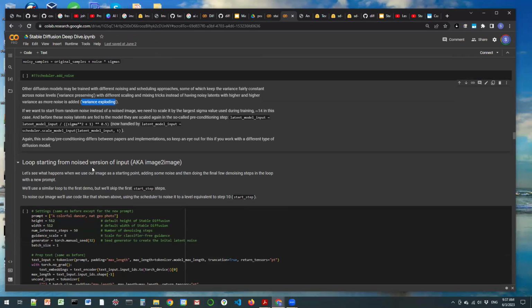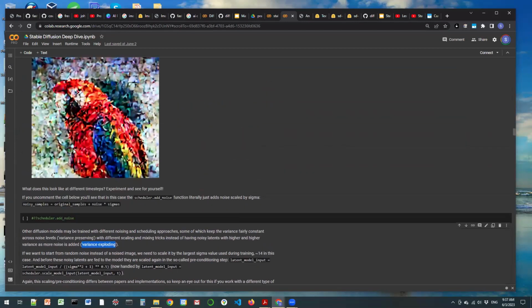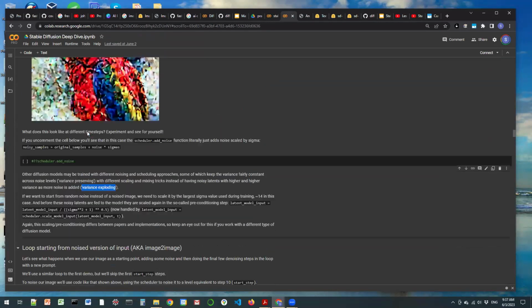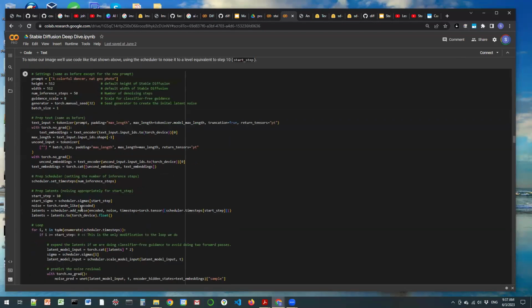The rest, now we start to see what happens when you start from some noised version of input. So this is how we generate image to image rather than text to image. Here also we have a prompt, but as a reference image, he has provided this picture of the macaw or the parrot. Maybe those are two different animals, but I believe this is a macaw, though I'm not 100% sure. So you use this prompt, and all of this code is the exact same thing.